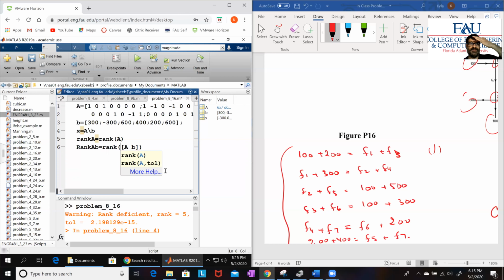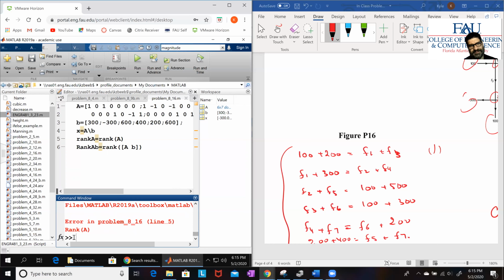I'm used to working in the command window. So let me do that and see what we get here.